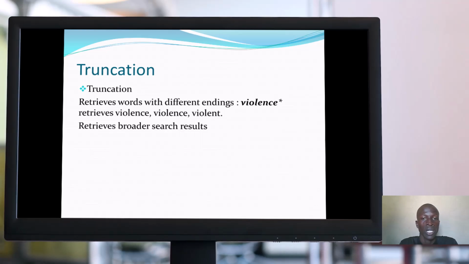Say when we are searching about violence and we put an asterisk, this sign here or hash, it is going to retrieve information on violence, violent, and violencing, and it gives a broader search result.